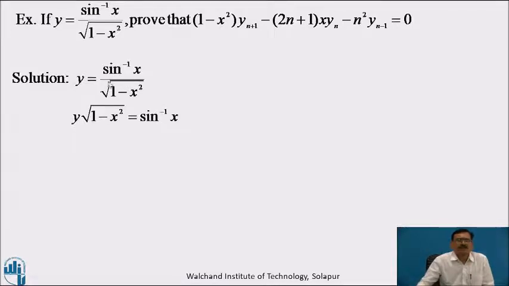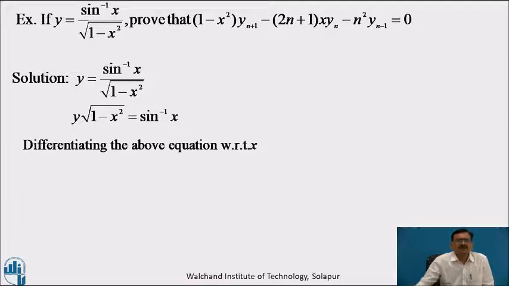Now here the given function is what? y equal to sine inverse of x divided by square root of 1 minus x square, which can be written, taking cross multiplication, as y into square root of 1 minus x square equal to sine inverse of x.